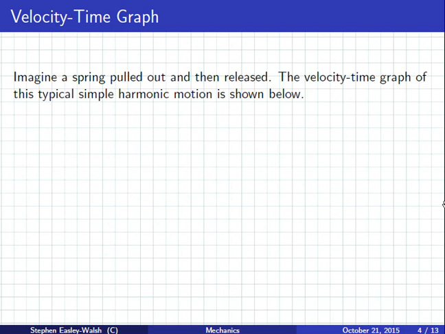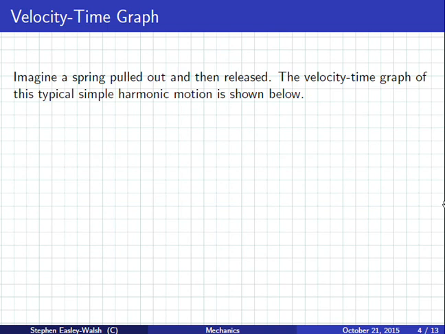Okay, so I want to have a look at the time velocity graph. You don't need to write this, I need you to draw in a moment. So think about the spring. If I pull the spring up and I let go, at the beginning, what's its velocity?